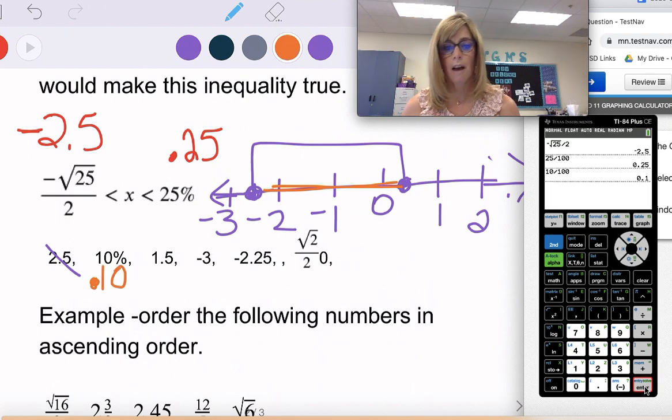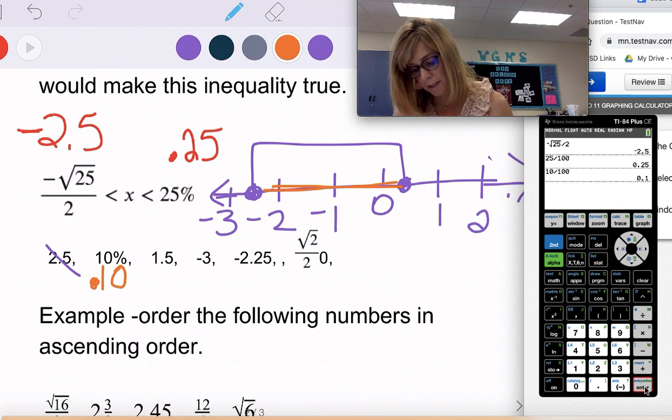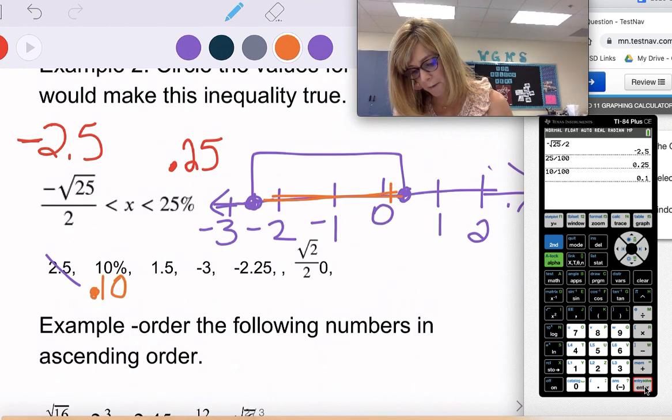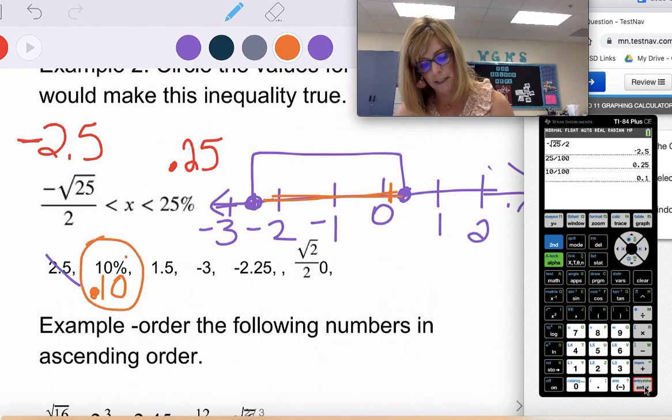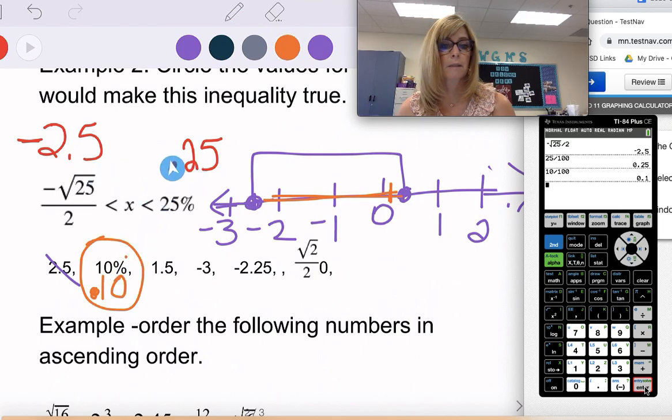So on the number line, 0.10 would be right about here. So that would be in between these two numbers, because 0.25 is bigger. So it is less than 0.25 and it is greater than negative 2.5.